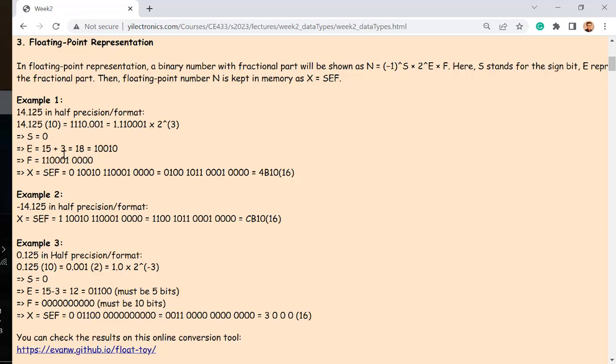First I have to convert it into binary. This is a decimal number, and let's convert it into binary. It's this. Okay? And you have to move the binary point to the left by 3 places in this case, so I only have 1 digit on the left as an integer. You move it by 3 places to the left, which means you divide that number by 8.